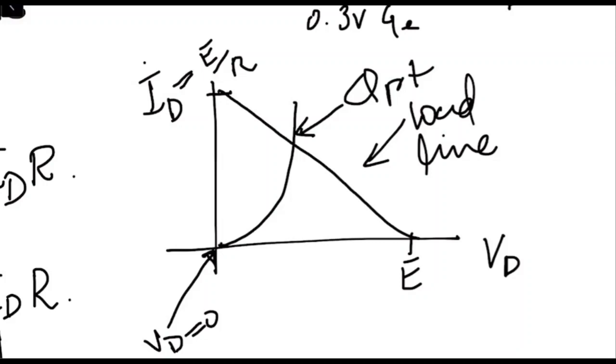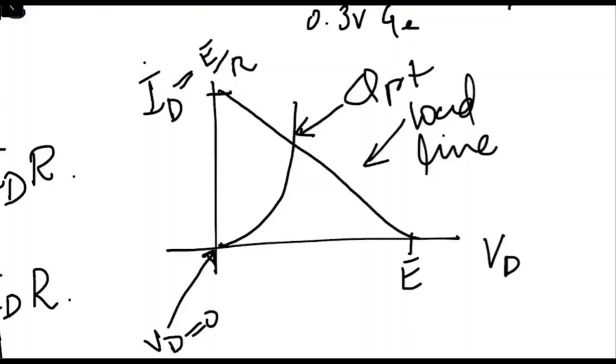Your circuit works on this load line, and depending upon where the characteristic curve of the diode meets this straight line, that is the point of operation of the diode.